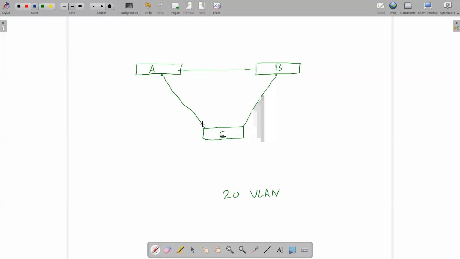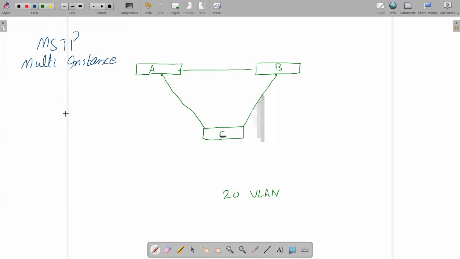Your company says, because you are a network administrator, I want to perform load balancing. I want to utilize both of my resources. So what you need to do is run MSTP. By running MSTP, because its name is multi-instance spanning tree protocol, that means I can create multiple instances.